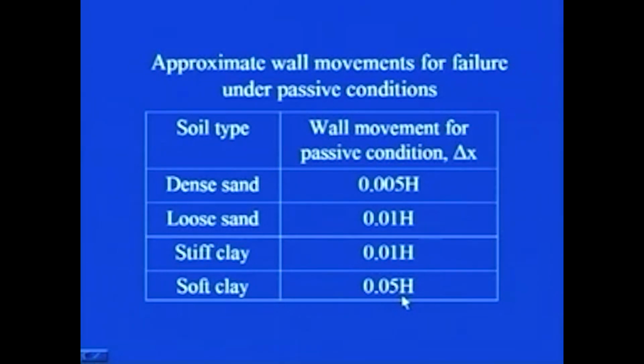So, when you go for analyzing the wall or estimating the passive force, you know the vertical height of the wall. You can roughly estimate what the wall movement should be to attain the passive condition, and accordingly you can carry out further analysis.